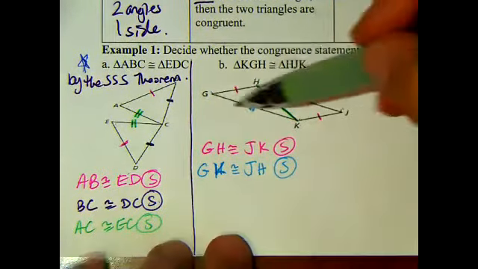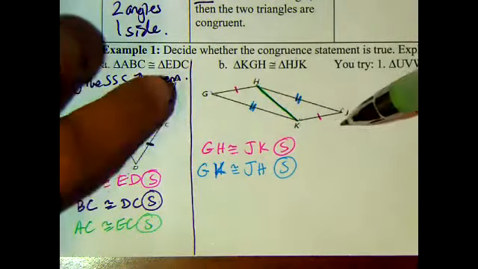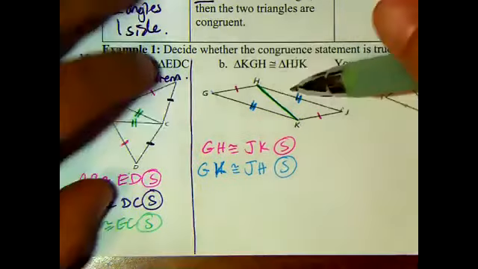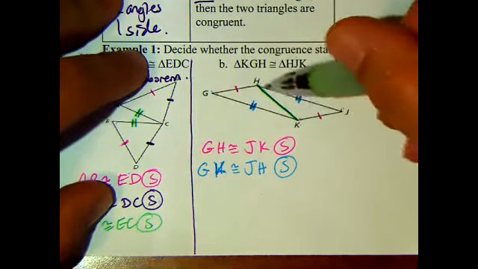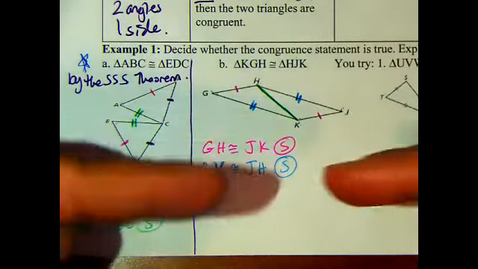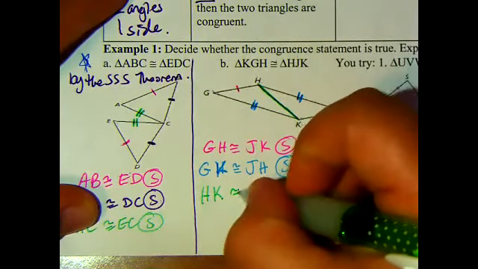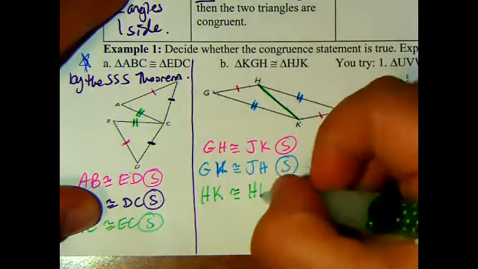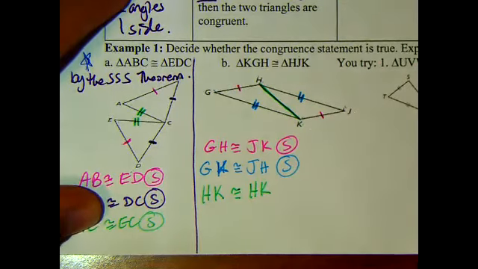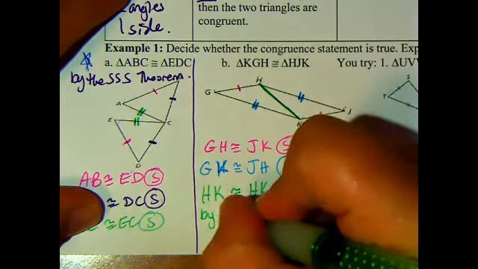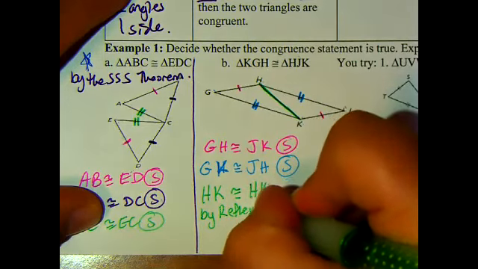So we don't have to worry about angles here, because there's no information about angles here for me. So instead, I can use this side that's being shared by both triangles, and I can say, hey, look, side HK is congruent to side HK, by the reflexive property.